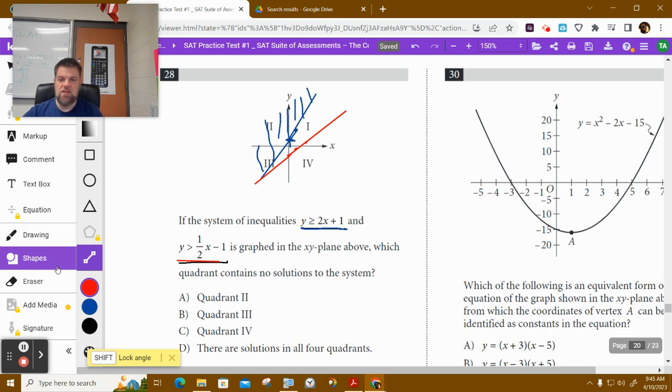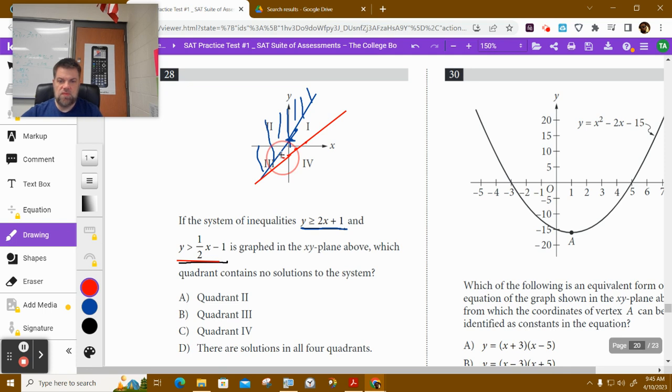Now that is greater than as well, so that means I'm going to be shaded up here. So my solution set is anything above this line, and then anything above this blue line. The solution set is really where the two combine, which would be like here.